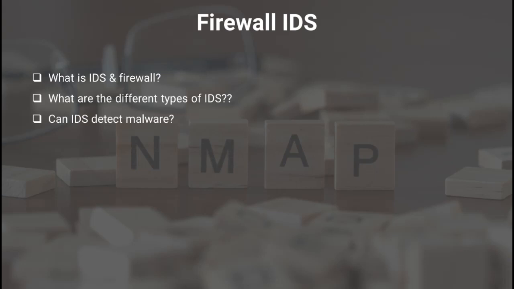For example, a firewall is a network security device that filters incoming and outgoing network traffic based on parameterized rules. Now for IDS and IPS. IDS stands for Intrusion Detection System.